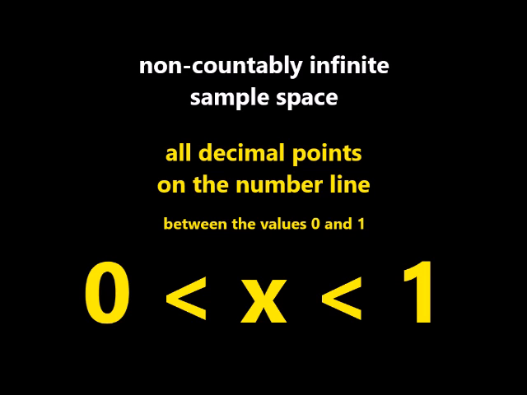If there are many points, as there are in some interval on the x-axis, such as 0 up to 1, where x lies between 0 and 1, then it is called a non-countably infinite sample space, as the total number of points within this sample is uncountable and infinite.